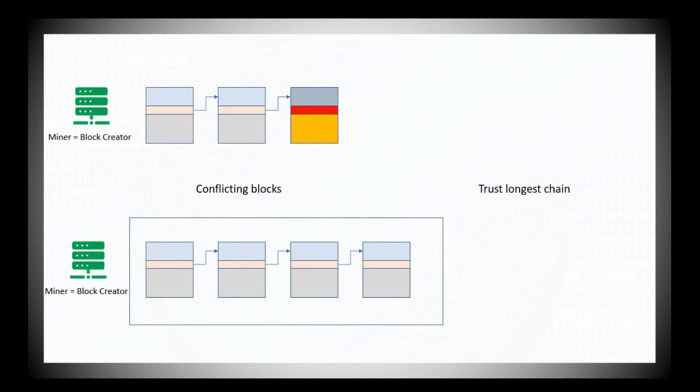Now, let's say that, and this does actually happen, we have two blocks being mined at the same time within that particular 10-minute time frame. Which block does the network trust? Well, normally, like I said, you would choose the chain that is the longest, the one that has had the most amount of computational effort put into creating it.